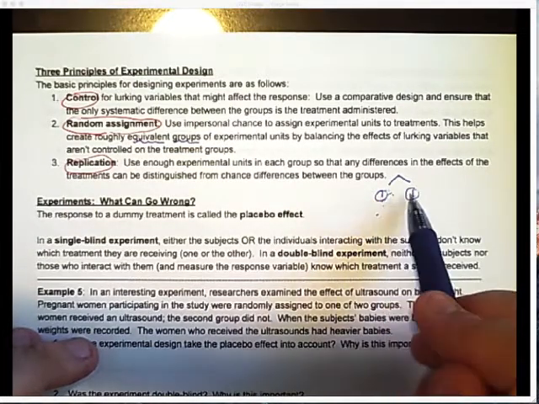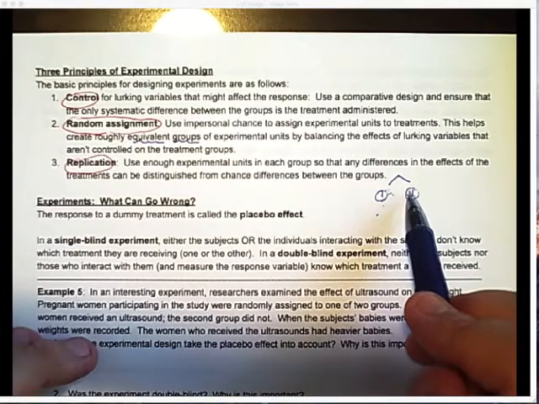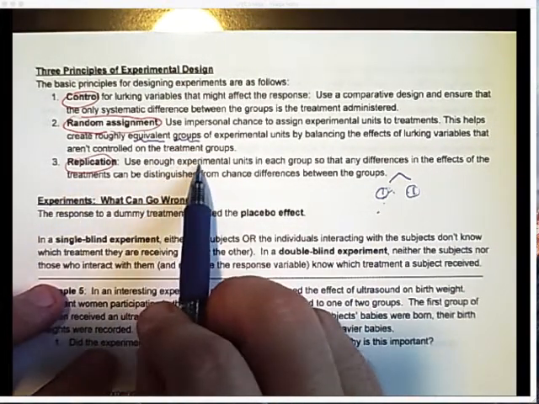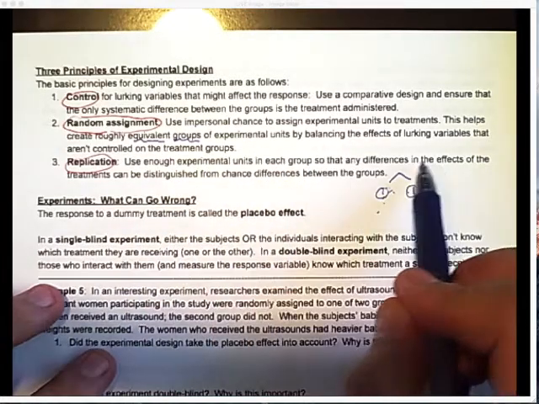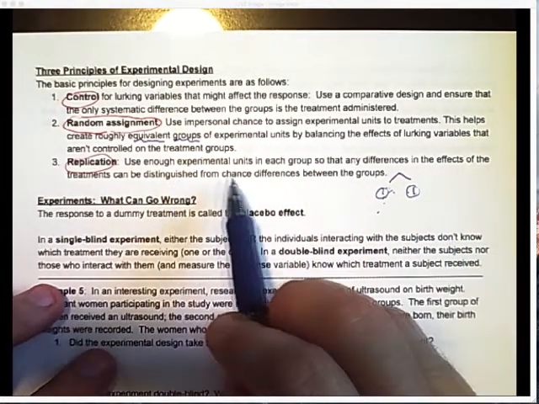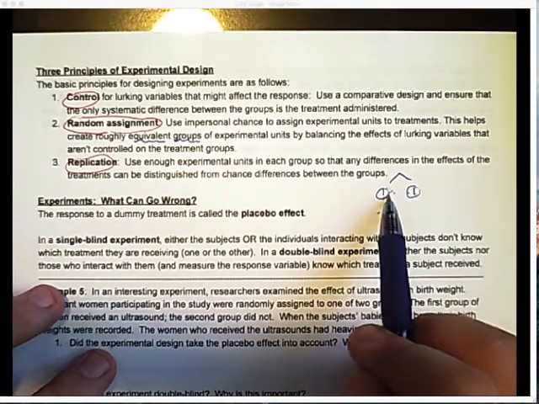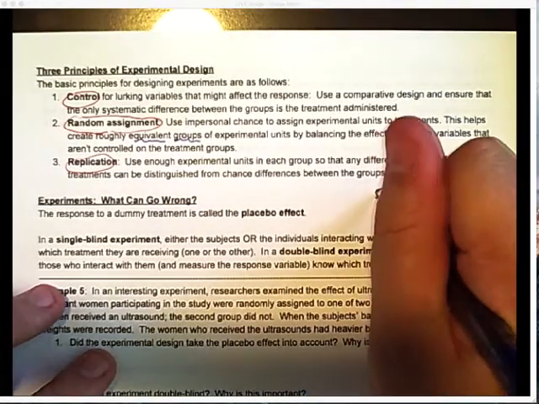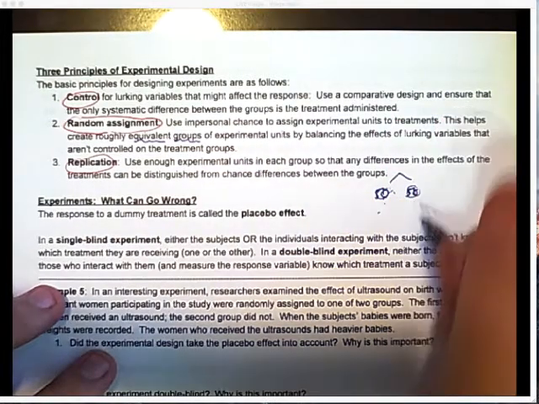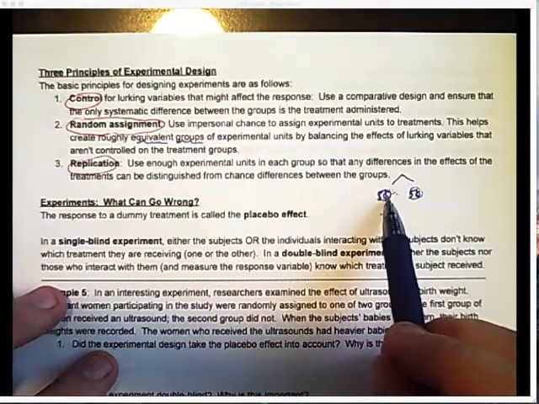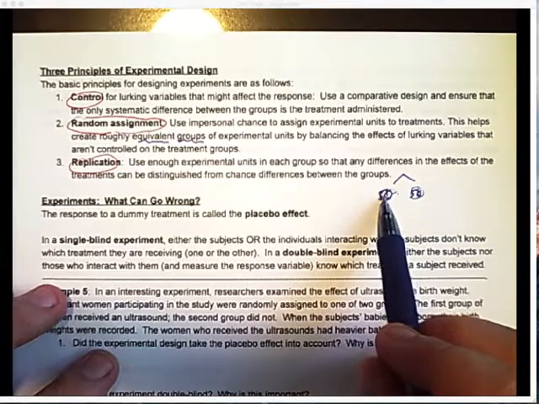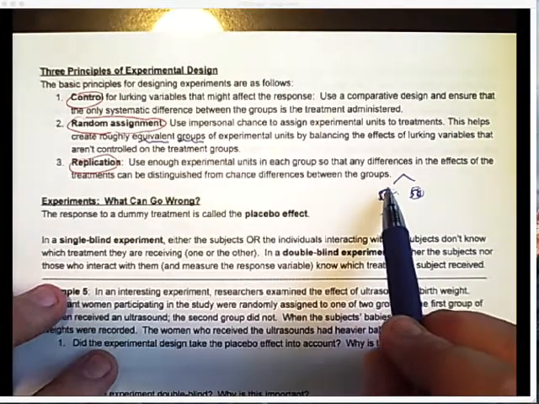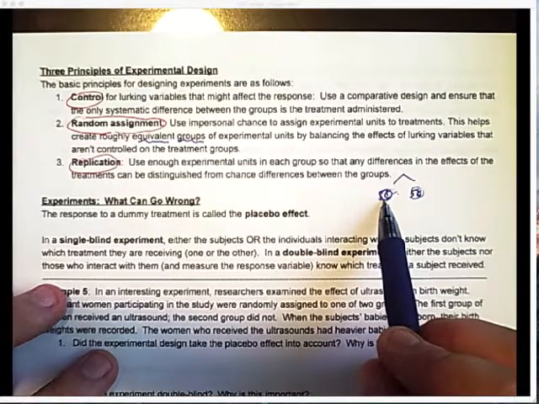So one person in each group is not enough. The principle of replication says, okay, use enough experimental units in each group so that any differences can be distinguished from chance differences. If you only use one person, there's too much left to chance. But if I change this and say, okay, let's put 50 people in each group, if one person starts working out in this group and that person's cholesterol goes way down, it'll affect the mean a little bit, but it won't affect it entirely.